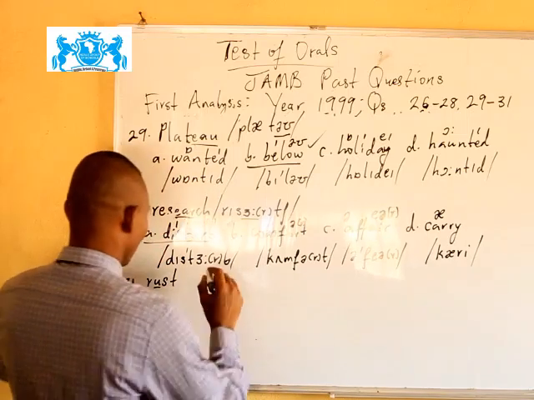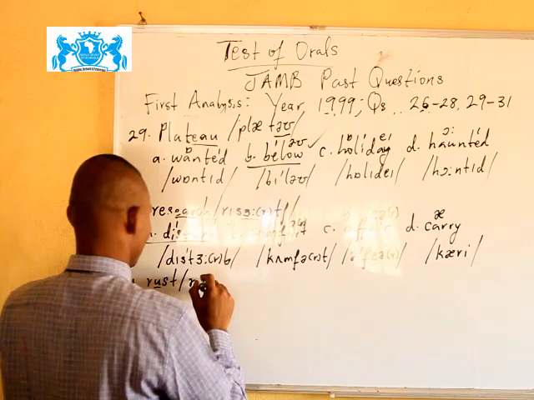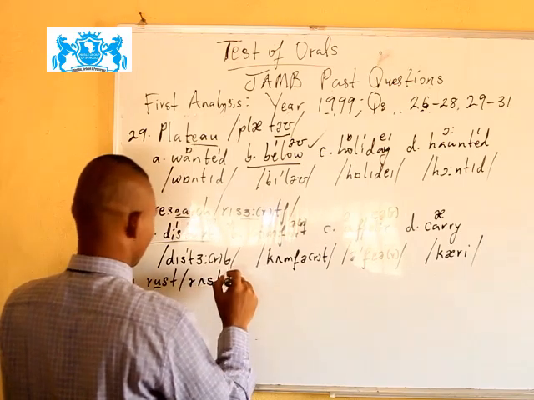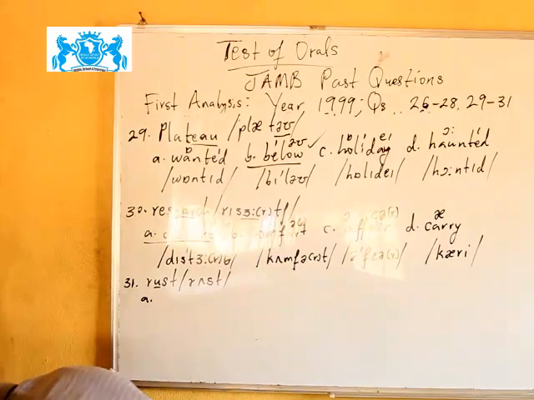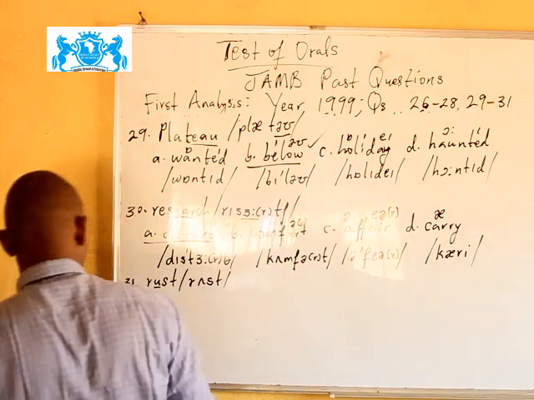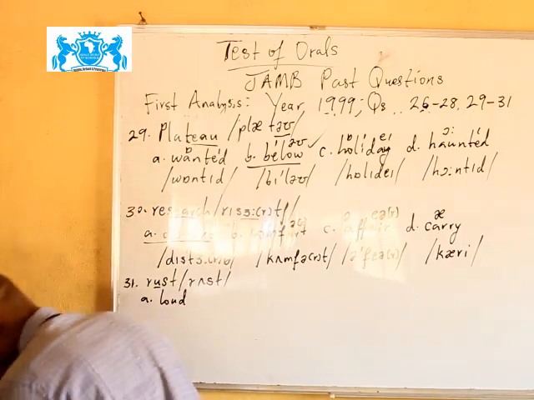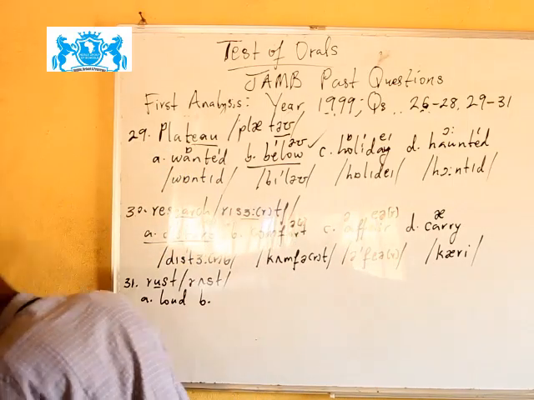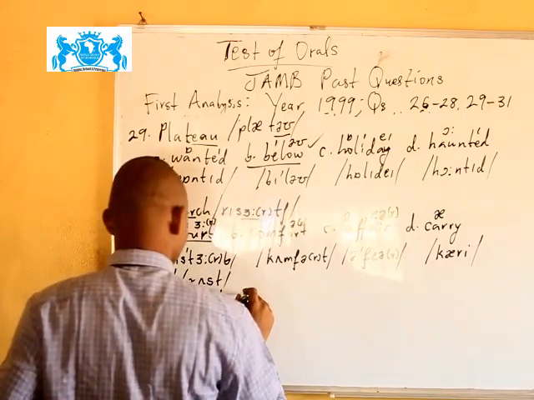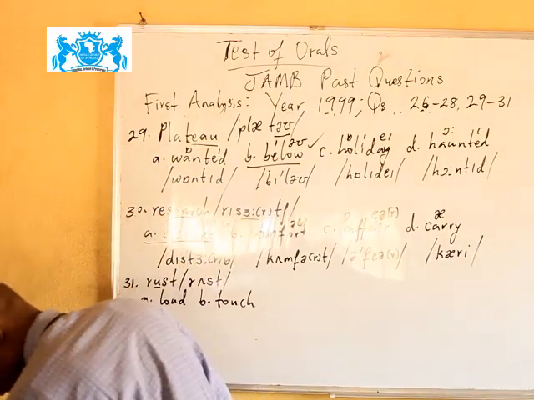We have U underlined, and then we transcribe it as rust. Option A, L-O-U-D. Option B, T-O-U-C-H.